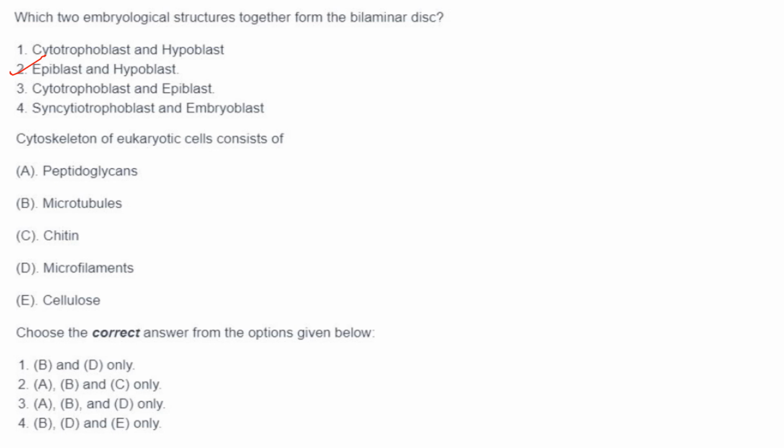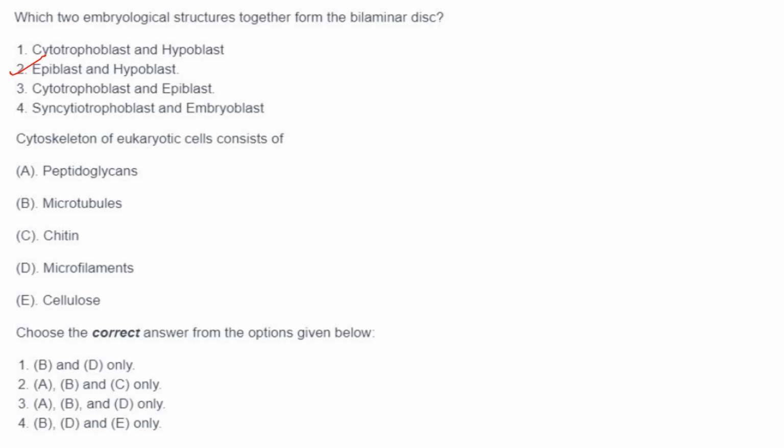Then what is syncytiotrophoblast? It is a layer of multinucleated cells that form the outermost part of the placenta, and it is involved in the transport of nutrients, gas and waste between the mother and the fetus. Okay, so that's it.